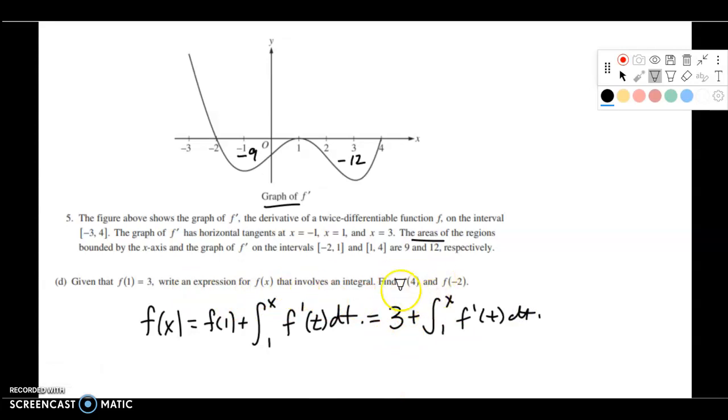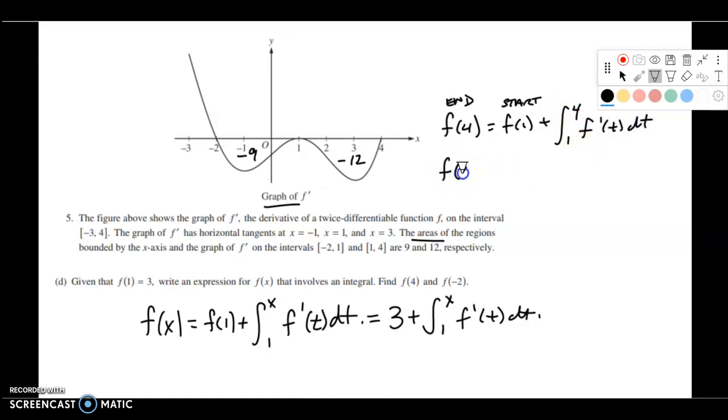Then they want you to find f of 4. So to find f of 4, well, f of 4 is going to be f of 1. So this is where we end. It's going to equal where we start plus the integral from 1 to 4. So we're starting from x equals 1. We want to stop at x equals 4, f prime t dt.